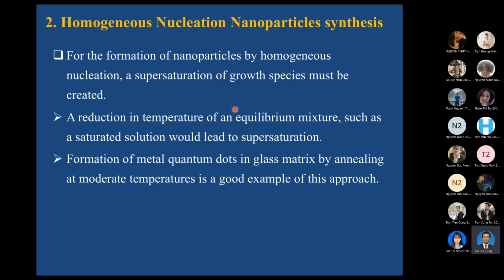So this reduced temperature, in this case, is involved in synthesis by liquid, as I mentioned before. The formation of metal quantum dots in a glass matrix by allowing a moderate temperature is a good example of this approach. So a moderate temperature should be suitable for this kind of synthesis.